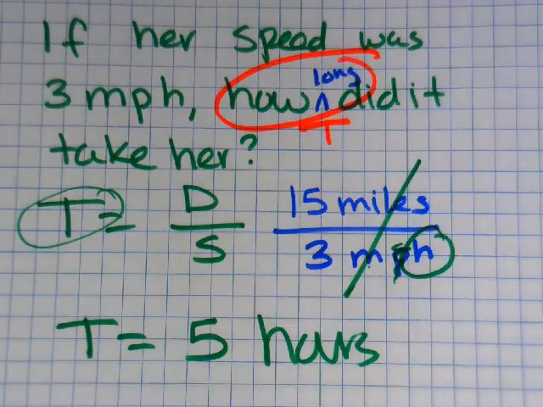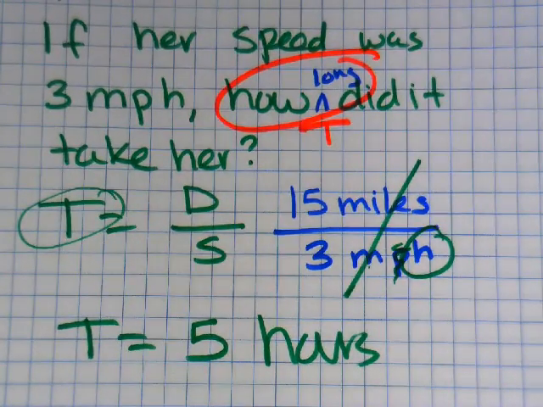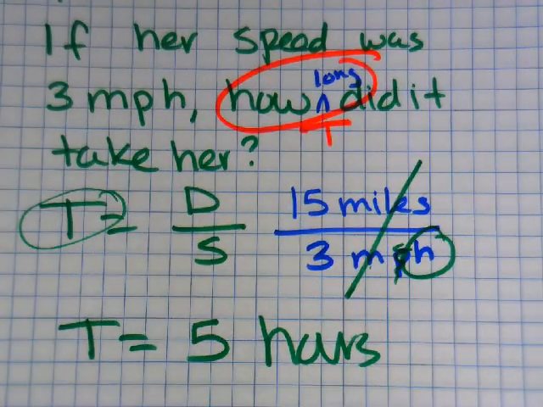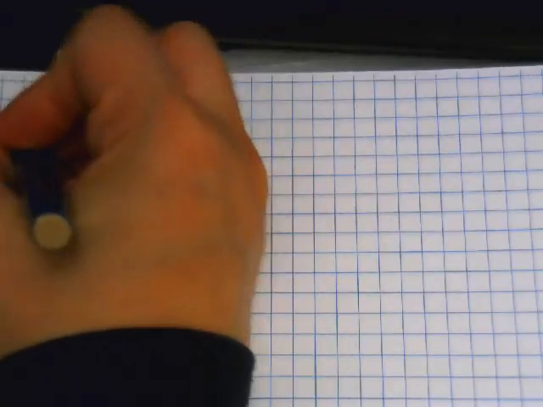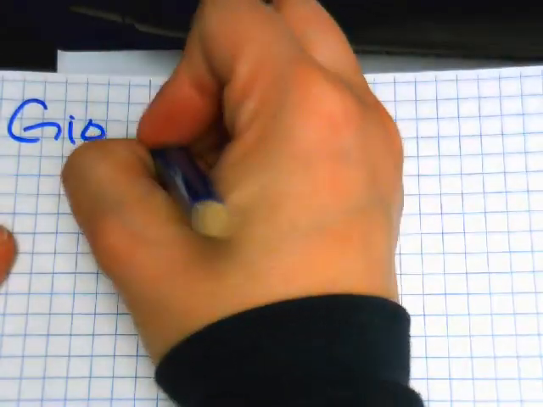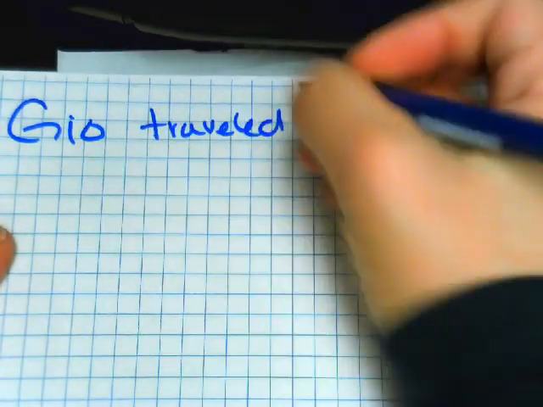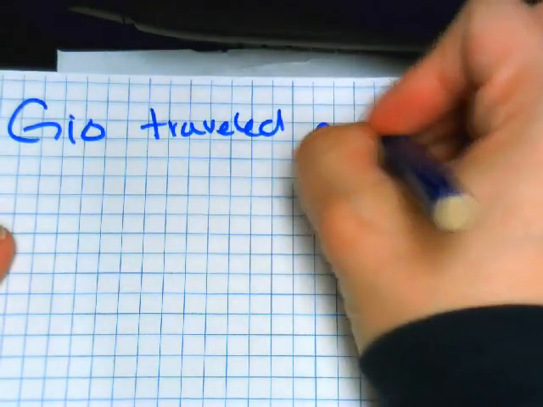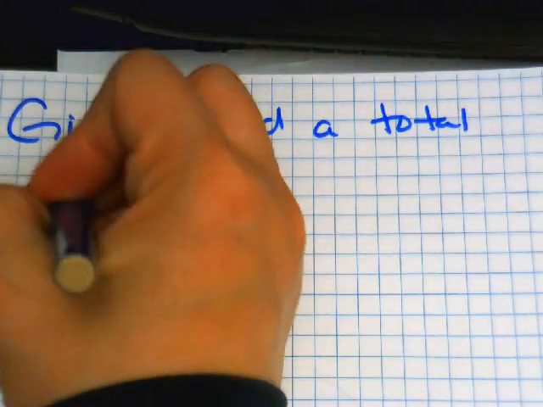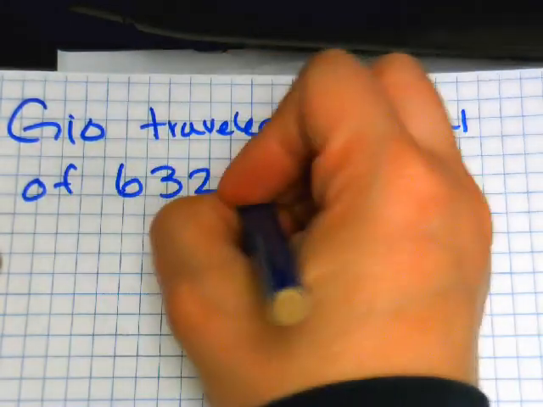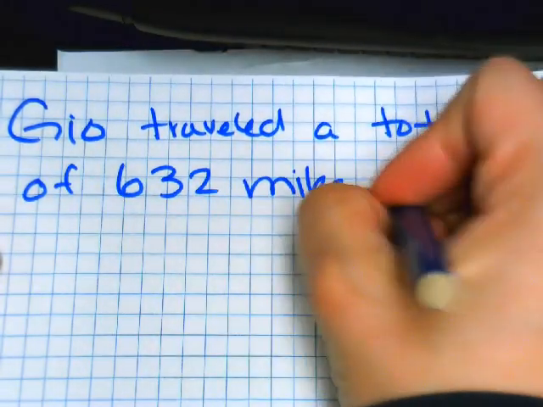You ready? Uno más. Because we got to do one example for each one. Gio traveled a total of 632 miles in 8 hours.